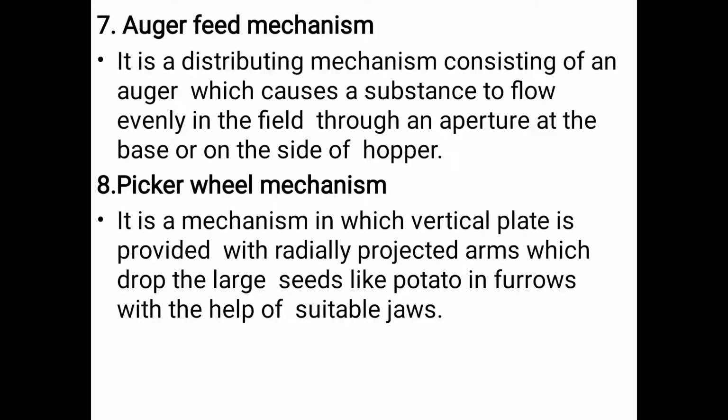It is a distributing mechanism consisting of an auger which causes a substance to flow evenly in the field through an aperture at the base or on the side of the hopper. Picker wheel mechanism. It is a mechanism in which a vertical plate is provided with radially projected arms, which drop large seeds like potato in the furrow with the help of suitable jaws.